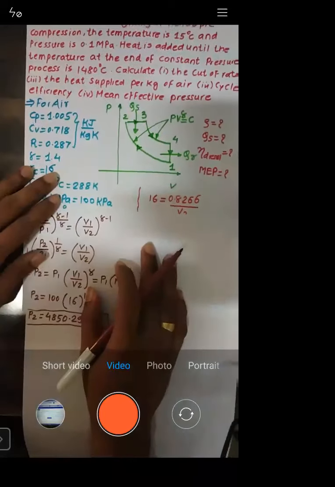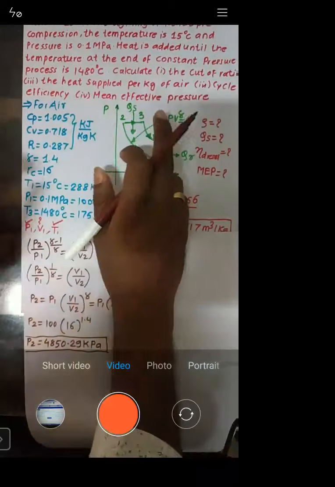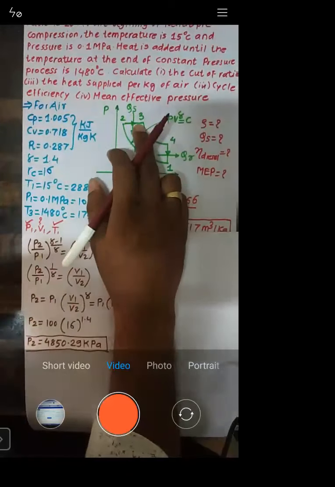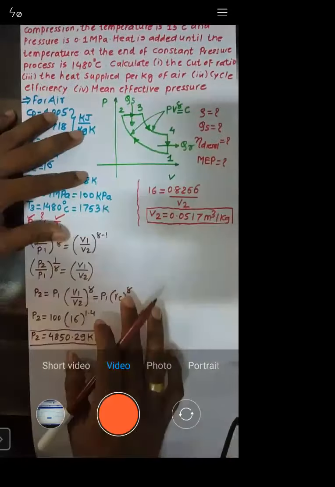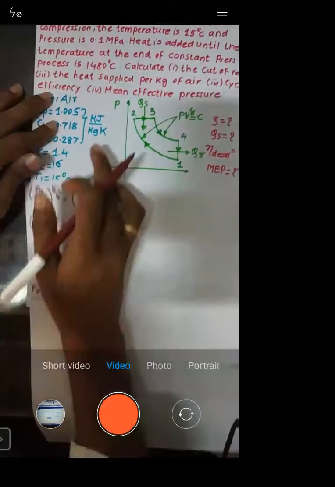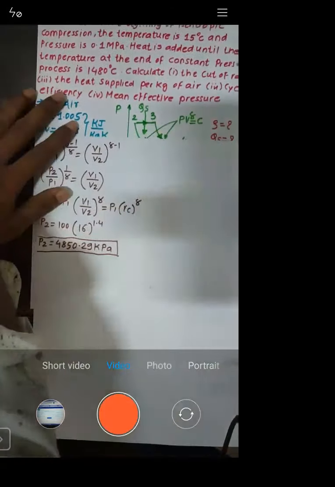Now see, when we look at process 2 to 3, it's a constant pressure process. The equation which I wrote for state number 1, I will now write for state 2 and state 3.